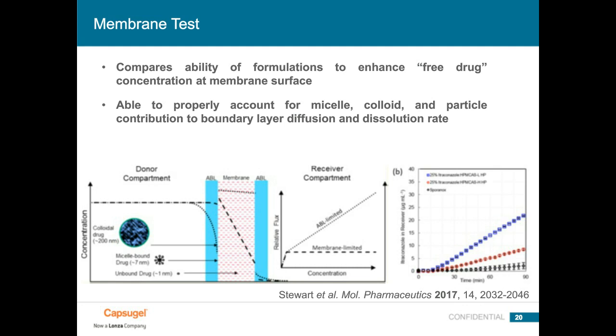This can also be useful in cases, and I'll talk a little bit more in detail about this later, when the permeability of a compound is limited by aqueous boundary layer diffusion, in which case truly the diffusion of drug into the receiver compartment can be a combination of not only dissolved drug but also drug that's bound in micelles, as well as small colloids or liposomes or other small complexes which might contribute to diffusion across the aqueous boundary layer. And then this can be a very good way of not only rank ordering but also understanding relative differences between formulations.